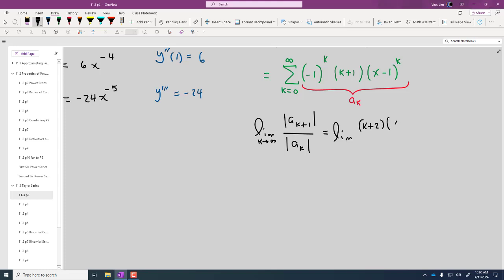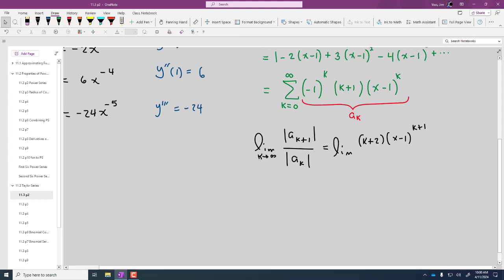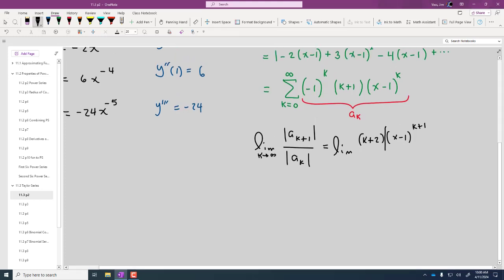And replace this with k plus 1. Now that has an x in it, so we definitely need the absolute value. K plus 2 is always positive, so you don't have to put the absolute value around the k plus 2, but we definitely need it around the x's. So there's our a sub k plus 1 in absolute value, and then down below, we put a sub k.